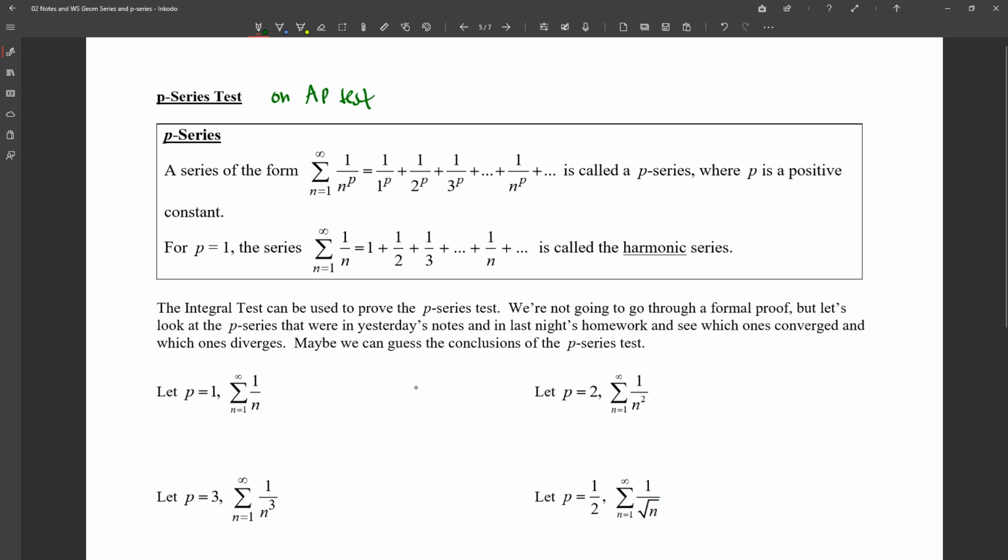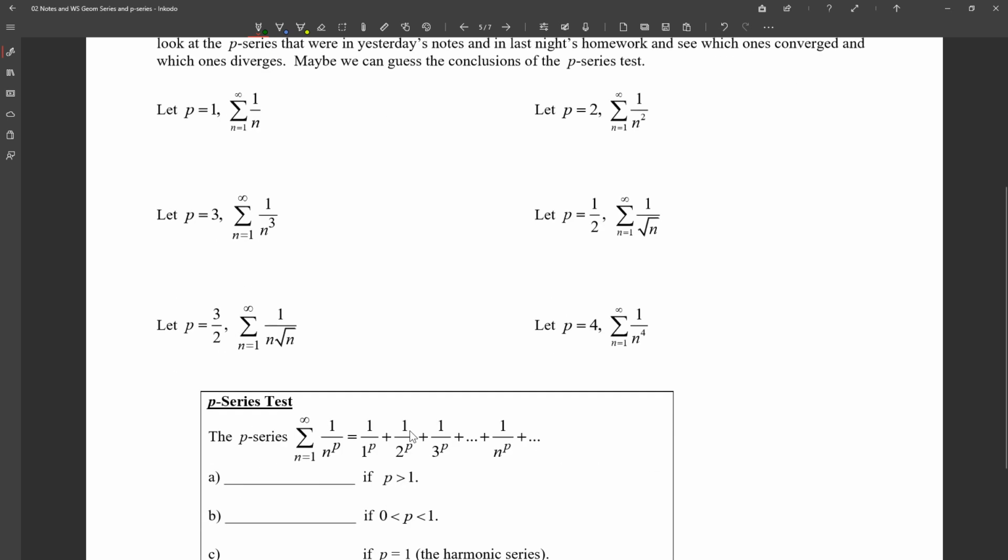Then what you know already is that this series will converge or diverge depending on what that p is. So let me just go ahead and tell you the answer down here. So if you come down here, the P-series test, if you have this format, what you know is that if p is greater than 1, okay, then this series is going to converge.